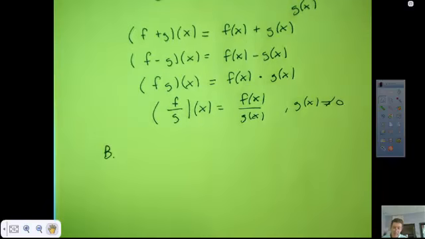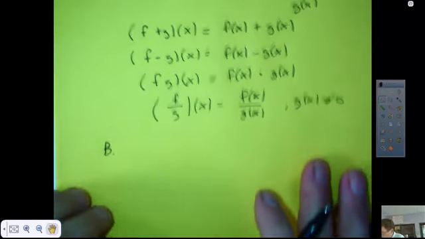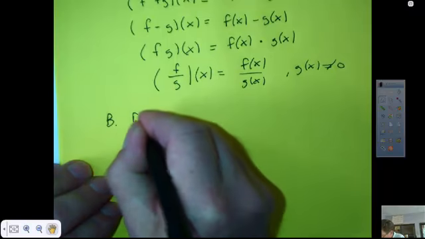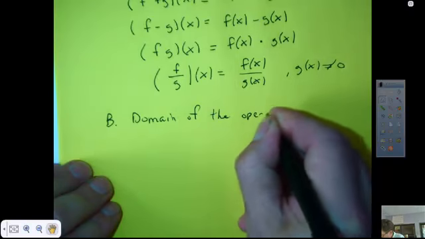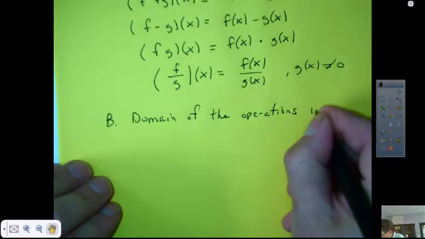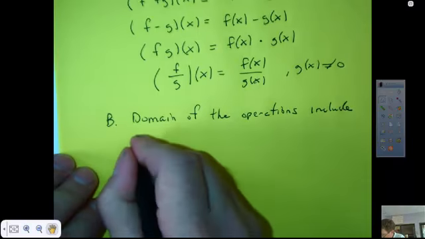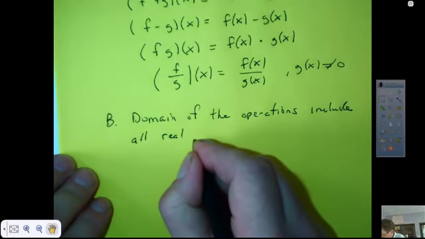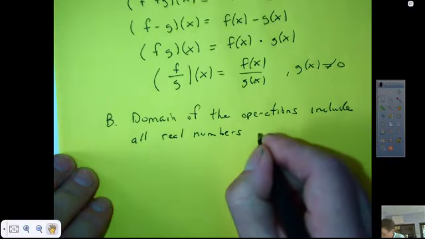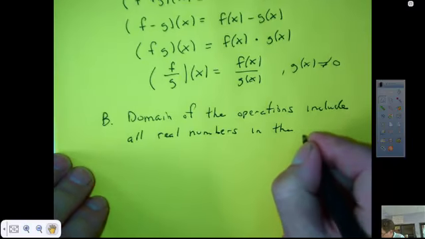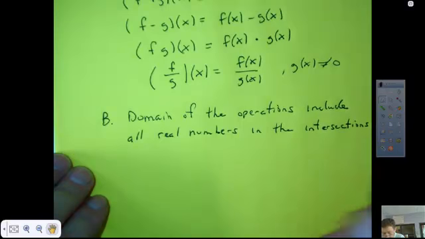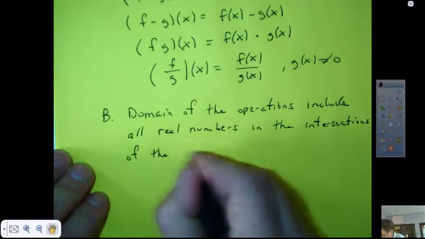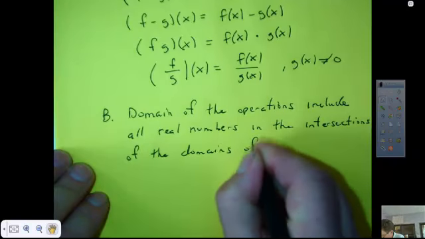Another side note here, because often you're asked about finding domain: the domain of the operations includes all the real numbers in the intersection of the domains of f and g.